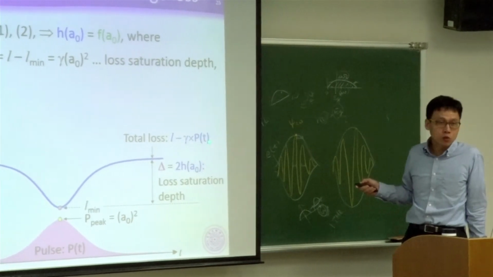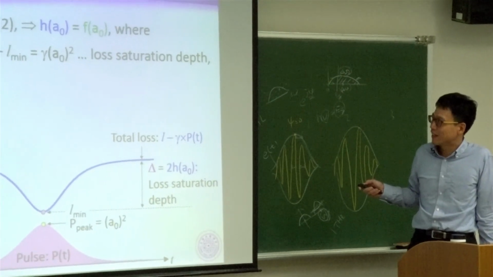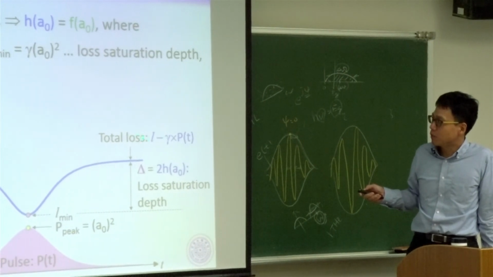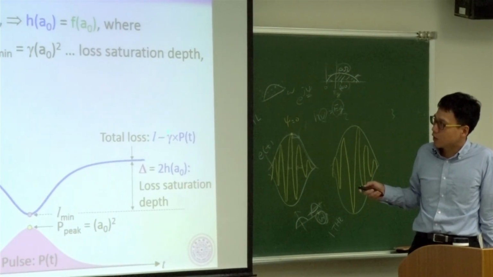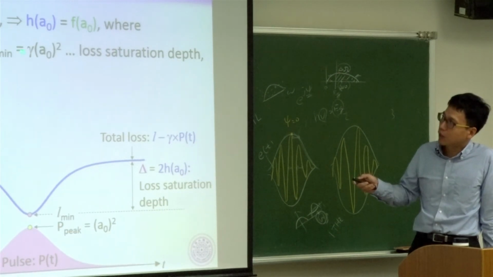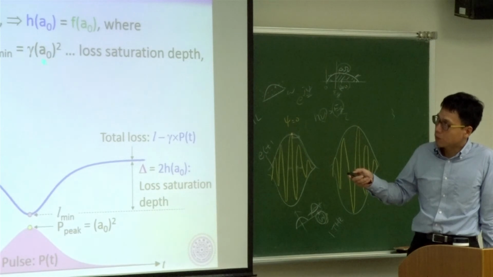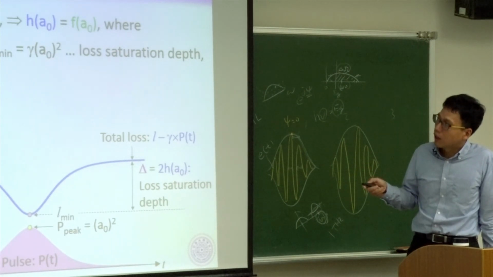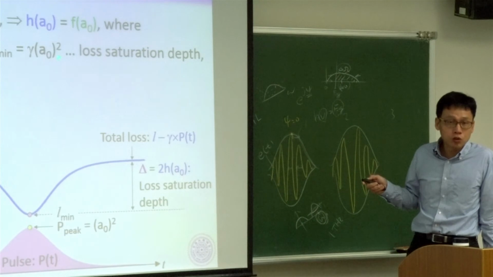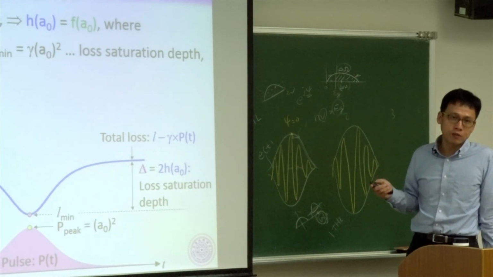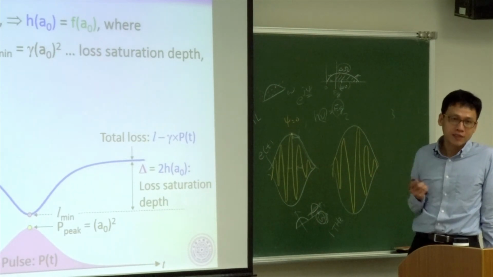It's when P of t equals peak power, right? So in L minus L minima, the L terms cancel, and what remains is gamma times the peak power. And we also know peak power equals A0 squared, so this is the final result. Delta equals the gamma constant, which you have to know in advance, times A0 squared. So basically, h is proportional to A0 squared, a quadratic function of A0. It's a parabolic curve.